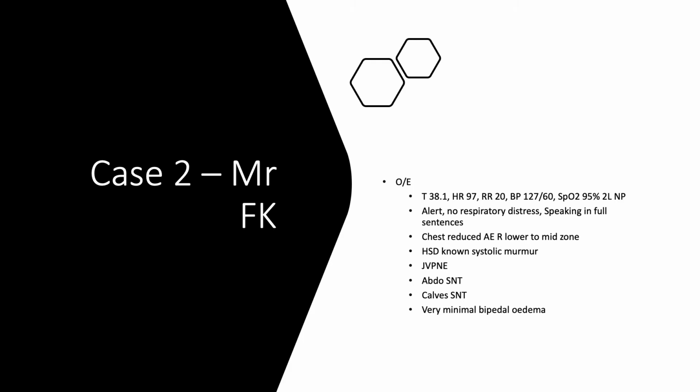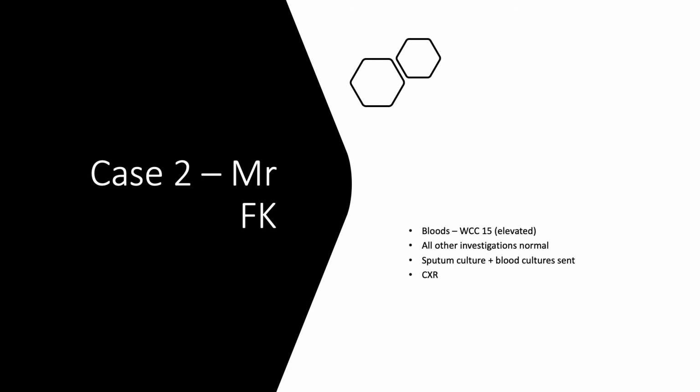Do some respiratory swabs as he's got some respiratory symptoms, and then investigate as you would normally with ECG, full blood count, EUCs, ABGs. Just again making sure you can justify all your investigations.